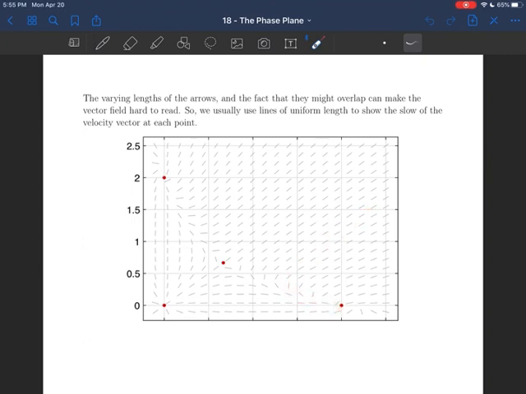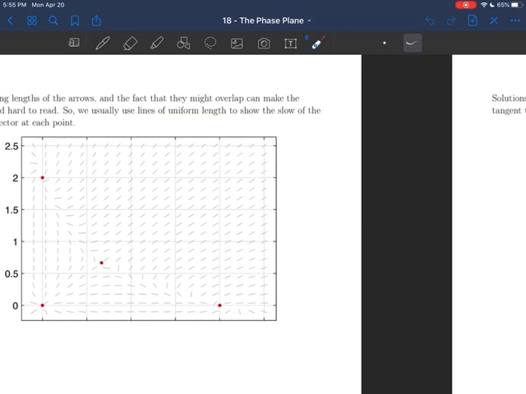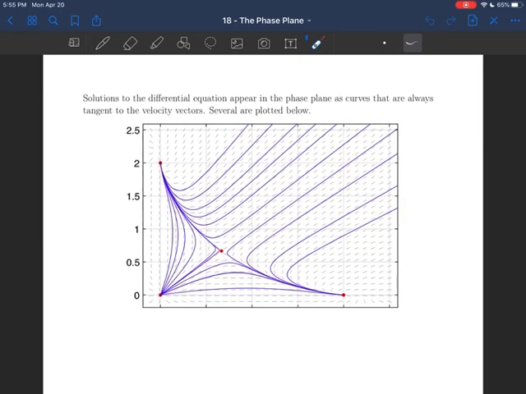So say I had an initial condition here, then a solution would have to find a curve through the plane that manages to stay parallel, tangent to all of these line segments at all times. So it's going to be dictated by those directions, which direction the curve has to flow. And you can see there's a few different things going on here. It would be nice to see some solutions. So I've numerically figured out some of the solutions, and we'll see those on the next slide.